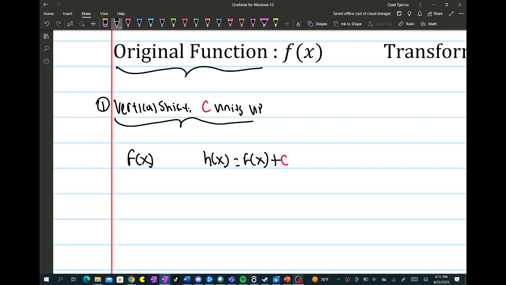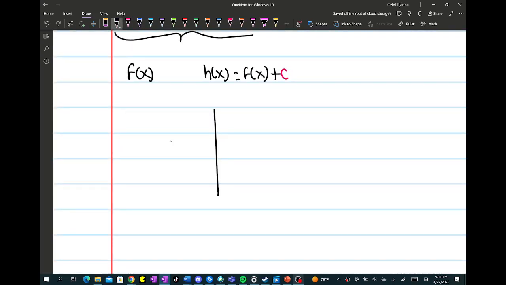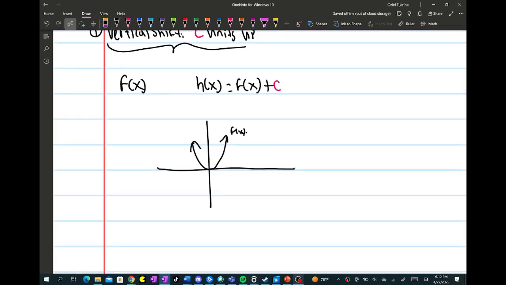So what that means is that when I have some sort of function, let's just do a random curve, I guess like this. And this goes for every function, guys. Let's say this is f of x here. And what I'm saying is that it goes upwards c units.